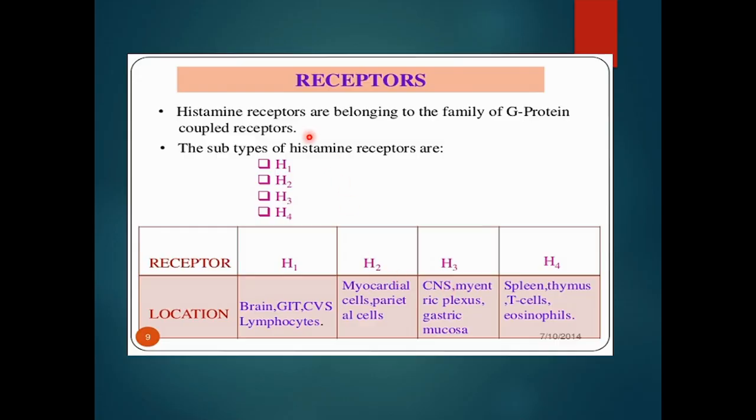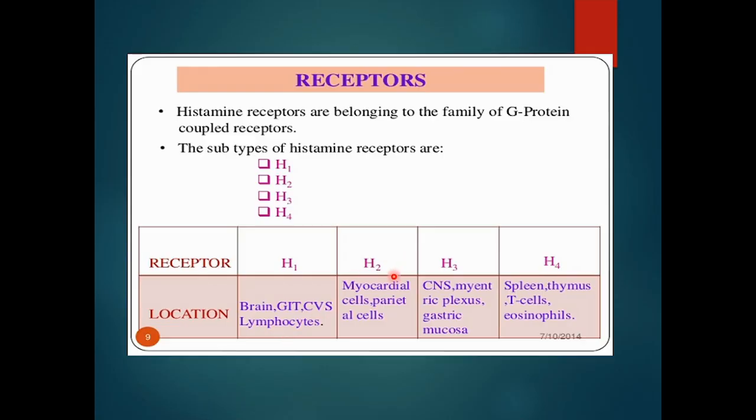Coming to the histamine receptors, these histamine receptors belong to the family of G protein coupled receptors, and there are four subtypes of histamine receptors: H1, H2, H3, H4. The H1 receptors are present in brain, GIT, CVS and lymphocytes.